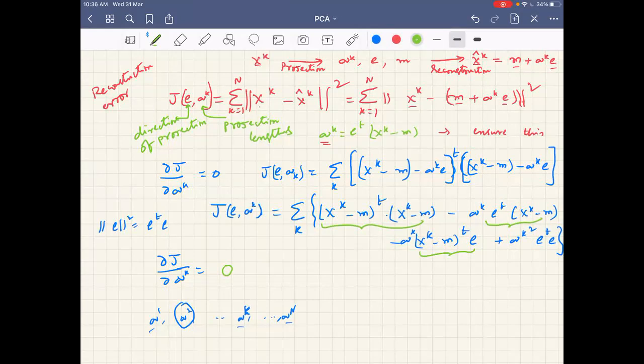I am now differentiating with respect to AK. Whatever I have marked here, E transpose into Xk minus M and Xk minus M transpose into E, are both the same or different? Same, sir. And what are the dimensions of them?